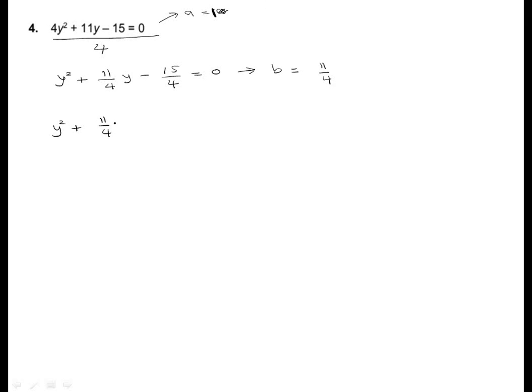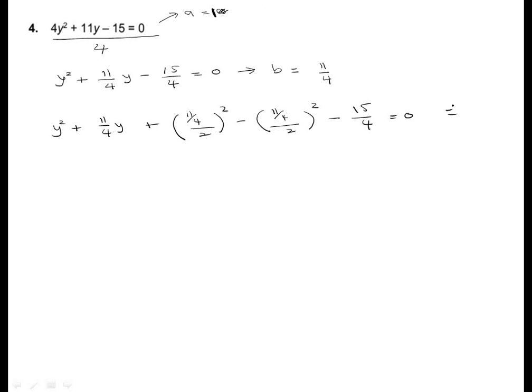Let's proceed to the first step of completing the square. We can add 11 over 4 over 2 squared and then minus 11 over 4 over 2 squared into our equation.